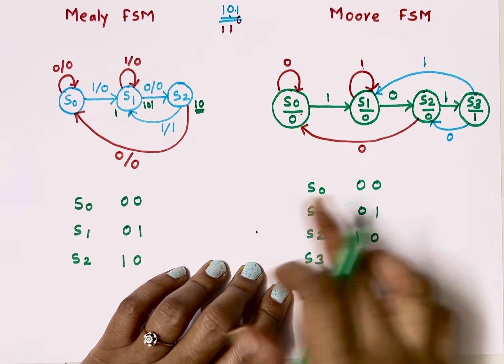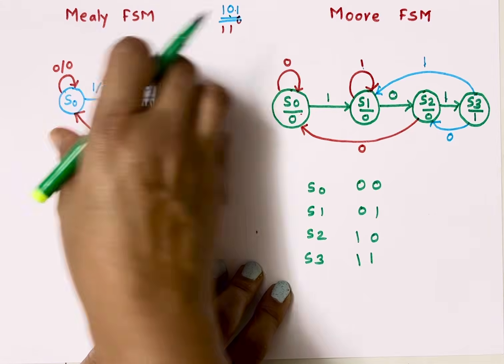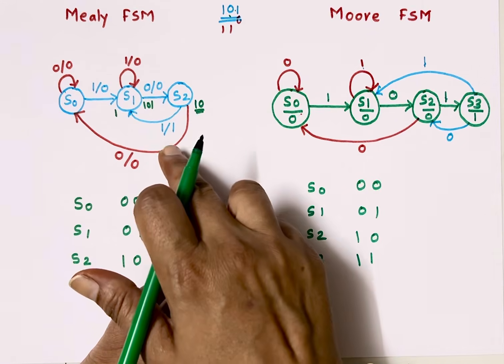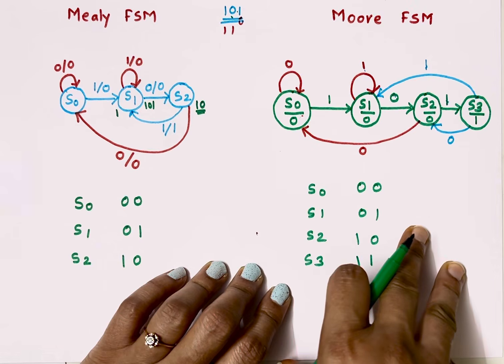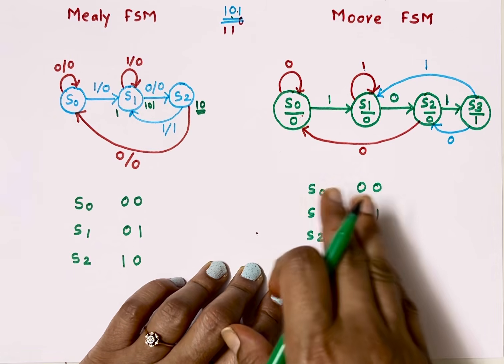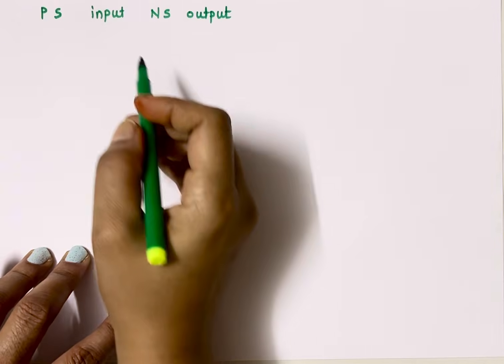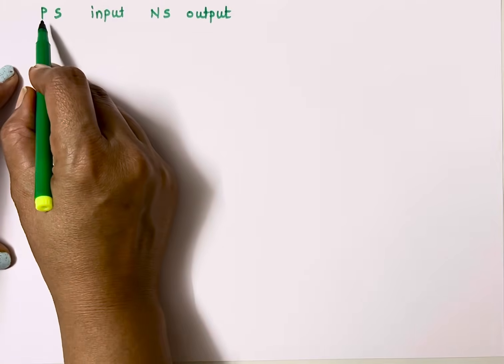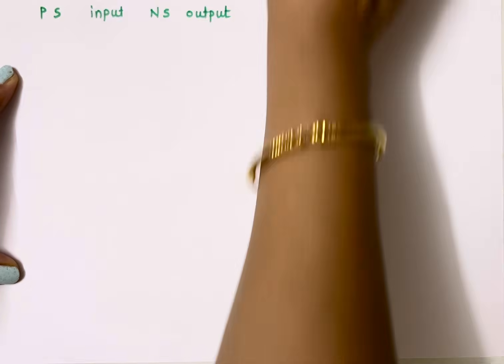Now, based on these 2 state diagrams, let's design the circuit for this Mealy FSM and Moore FSM. Let's start with Mealy FSM. We can use any flip-flop for design of sequence detectors, but here I'll take the example of JK flip-flop. Here we have present state, we know inputs, we know next state and we know output.